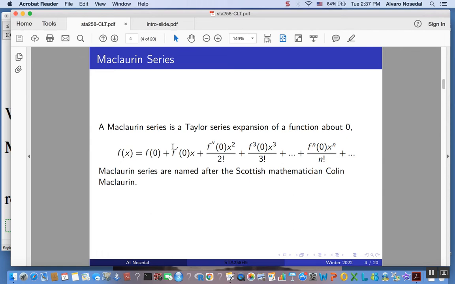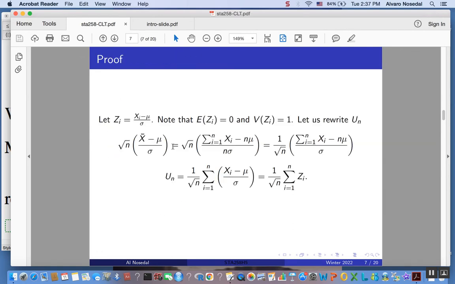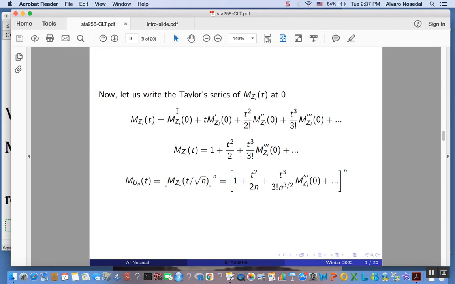I think that it might be easier if I show you this. See, function evaluated at 0. In this case, the function that we are interested in is the MGF. So function evaluated at 0, plus first derivative evaluated at 0 times the variable, in this case t, divided by 1 factorial, plus t squared times second derivative evaluated at 0 divided by 2 factorial, and so on, right? So we're just using that recipe, the Maclaurin series, okay?